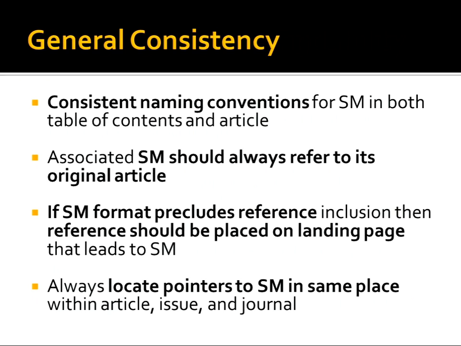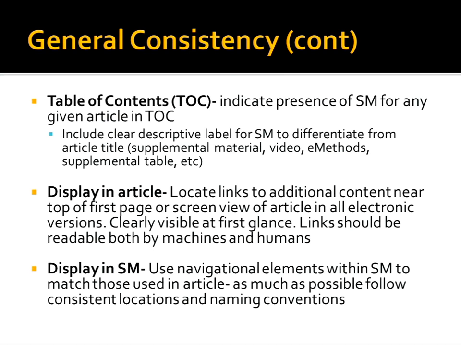Always locate pointers, and create them in the same place. If you put supplemental material links within your table of contents, make sure it's the same across all of your issues and the entire journal. So again, table of contents. It should be as close an association as possible with the main article.